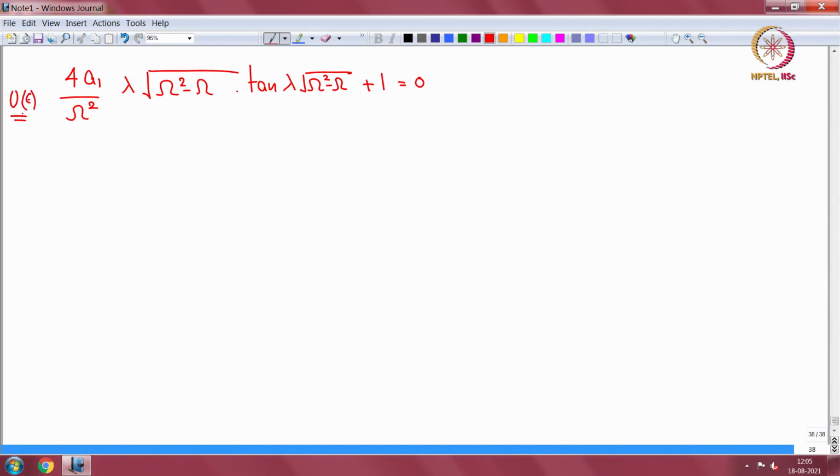Then my A1 can be found out. A1 now is equal to, taking the whole thing to the other side, cot lambda square root of omega square minus omega, then a minus because this has gone to the other side, and this should be omega to the power half. Sorry, this should be omega to the power half. And just check.